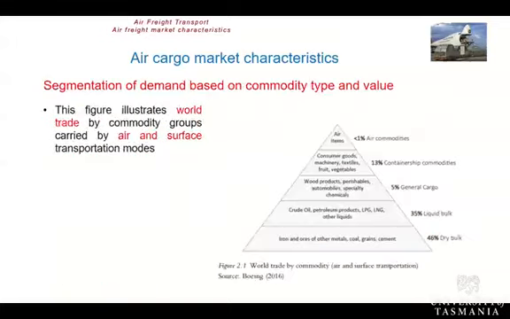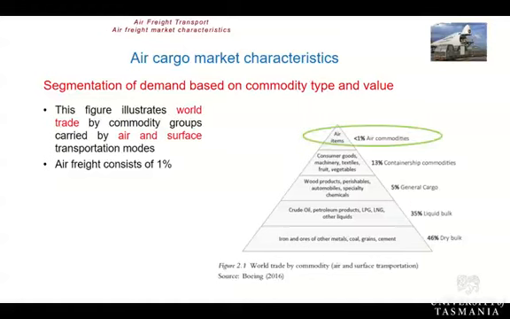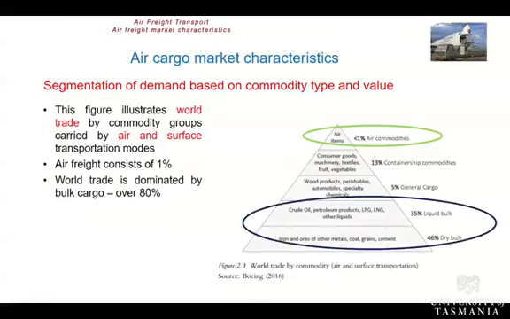Okay. This particular slide gives you the world trade by commodity. So what it shows you there is, as I pointed out before, less than 1% of all commodities are moving by air. So we can see that there. However, the vast majority of cargo that's moved around the globe is actually, about 80%, bulk cargo.